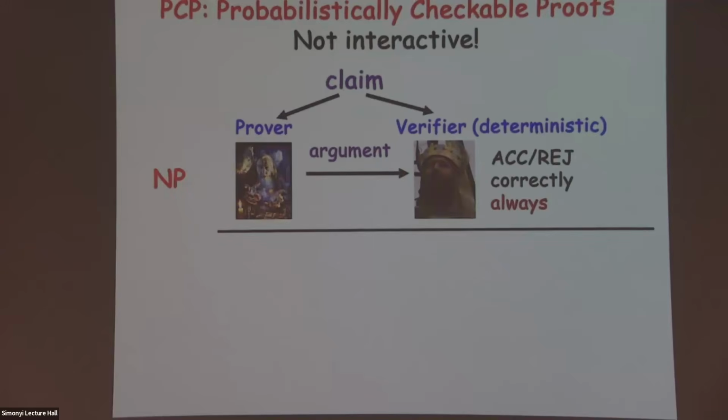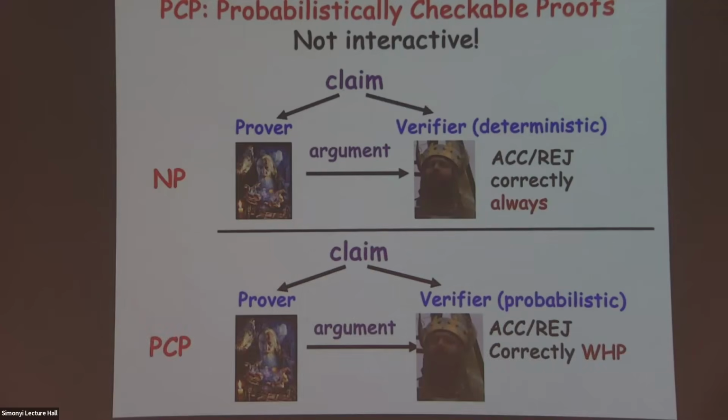So in NP, as before, a prover sends the verifier an argument, and the verifier is deterministic and always correctly decides whether to believe it or not. In PCP, it looks the same, but again, we allow the verifier to be probabilistic and allow it to have some tiny probability of error.